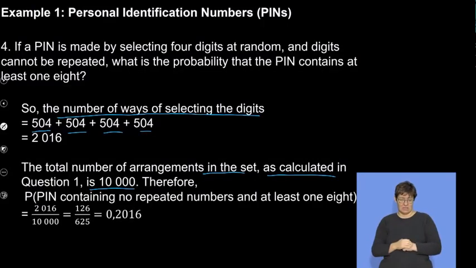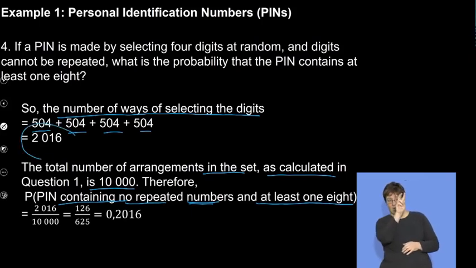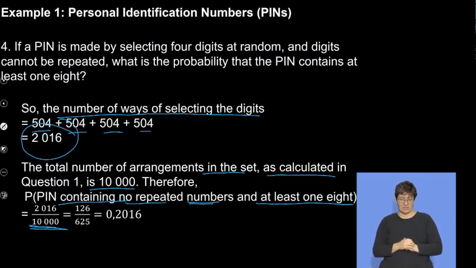Now, for a pin containing no repetition and at least one 8, we have 2016 divided by 10,000, and we get something close to 20%. You can leave your answer as a fraction, a decimal, or a percentage.